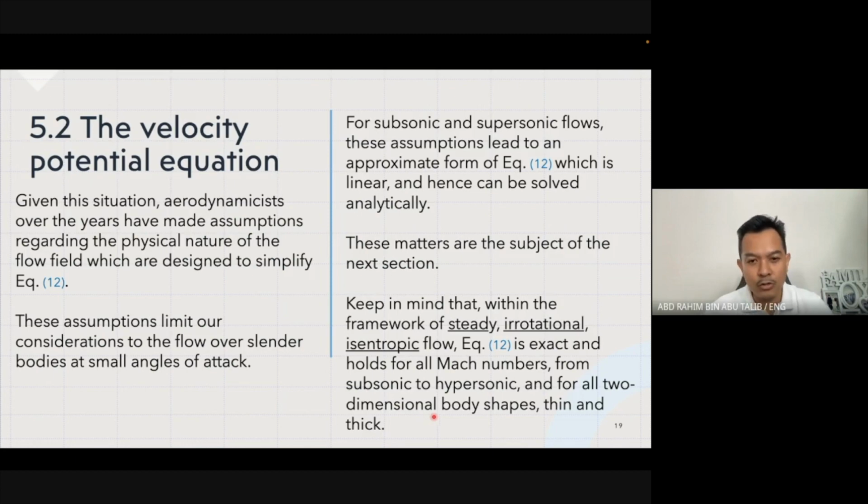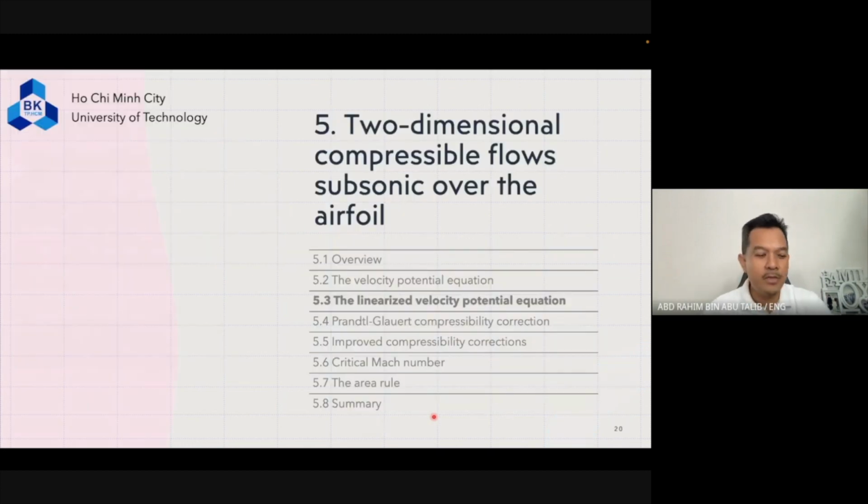With that, I believe it's best to stop there for a while so that we can appreciate what's going on, especially the velocity potential equation expression. We have already looked into the step-by-step derivation from equation 1 until equation 13 just now.